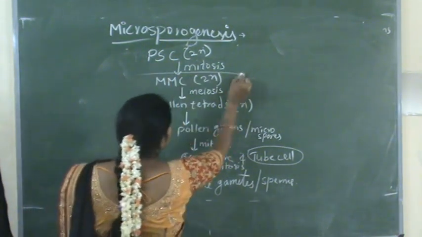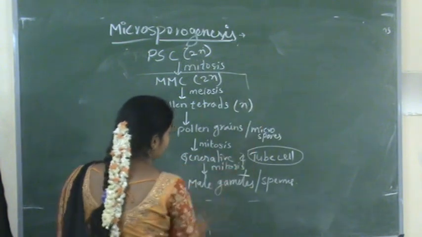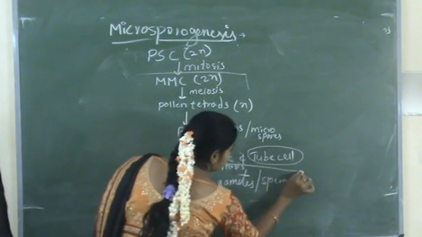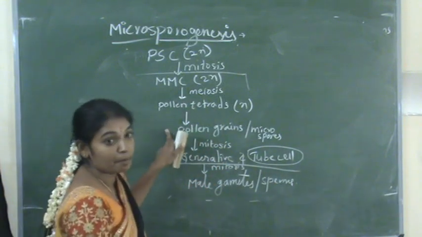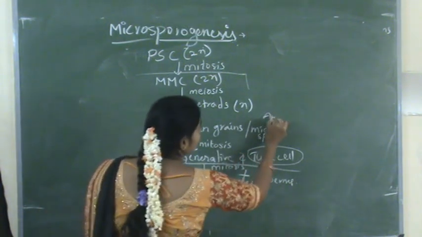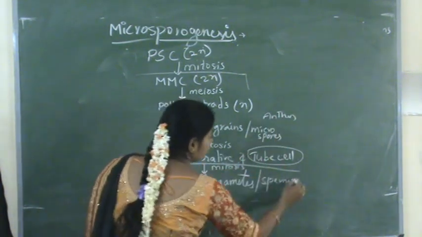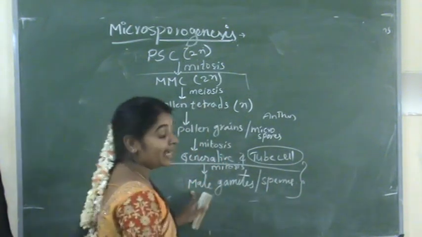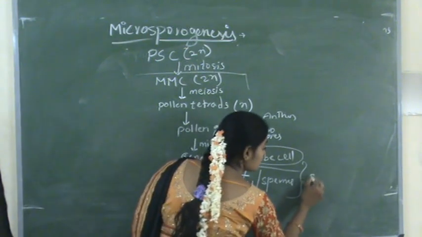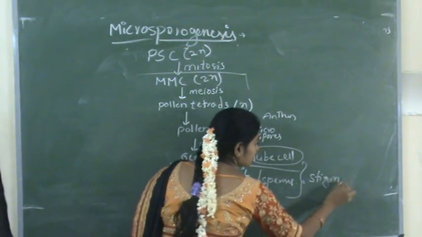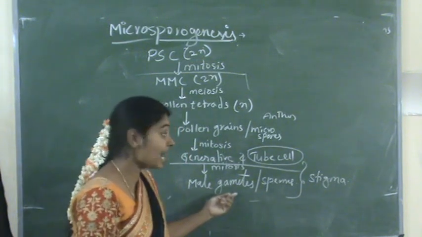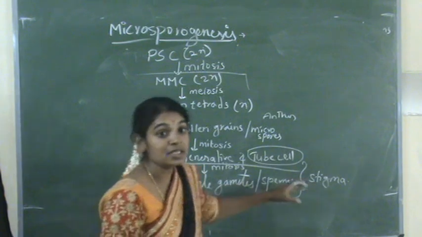This is in the matured anther. Up to this, it is in the male reproductive unit, that is in the anther, and the formation of male gametes or sperms takes place in the stigma. So further development or formation of male gametes takes place in the stigma.